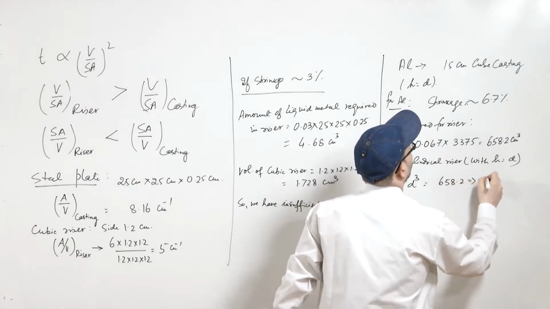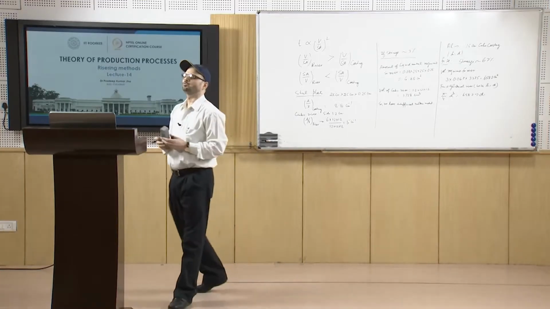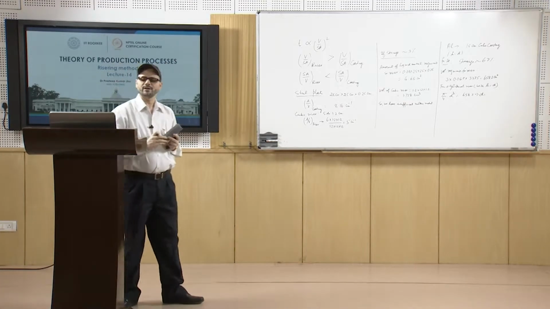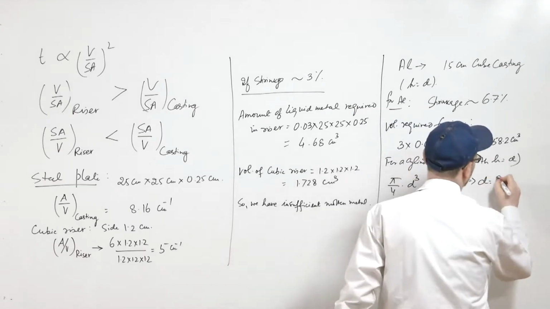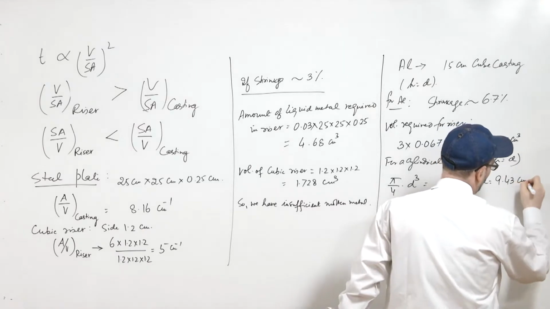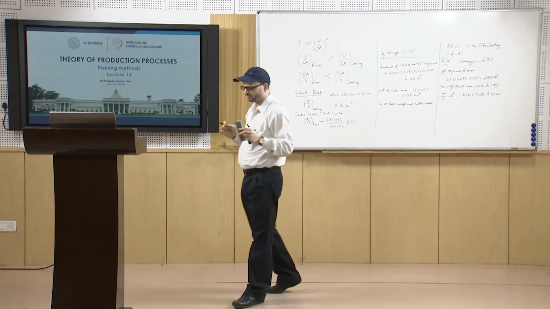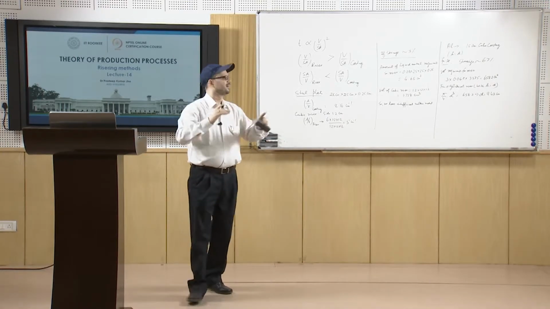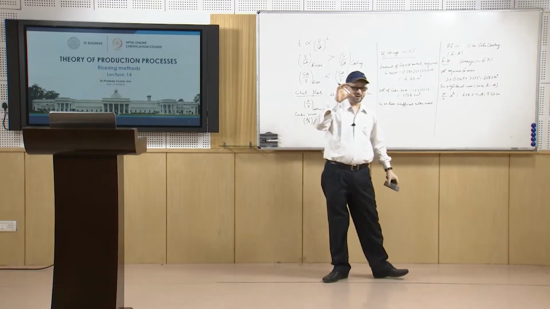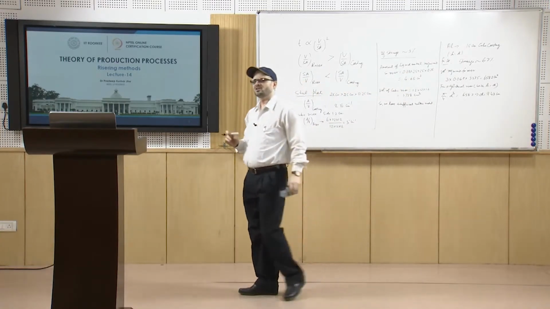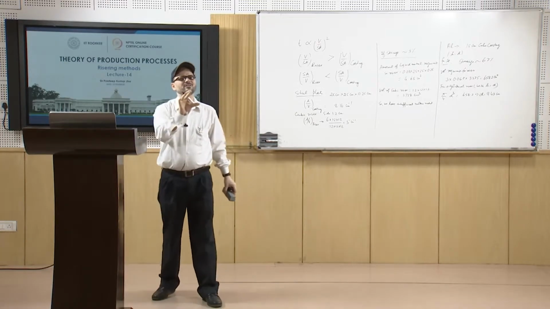You can compute the D value, and it comes out to be about 9.43 centimeter. This is the diameter of the cylindrical riser, corresponding to liquid metal taken as 3 times the shrinkage, which is 6.7% of the volume.